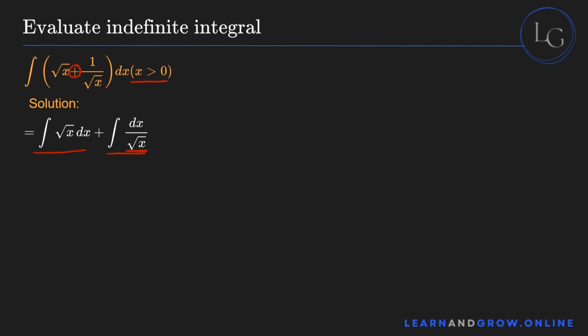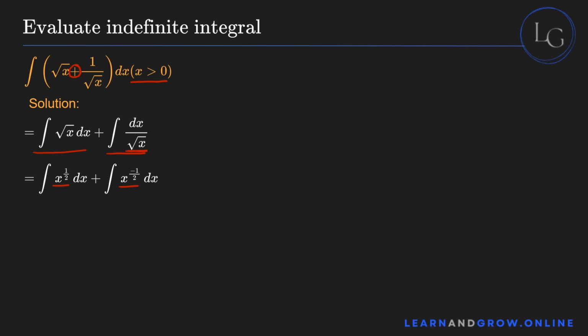indeterminate. So you can write square root of x as x raised to the power 1 by 2. That should be fairly obvious by now. And you can write 1 over square root of x as x raised to the power minus 1 by 2.